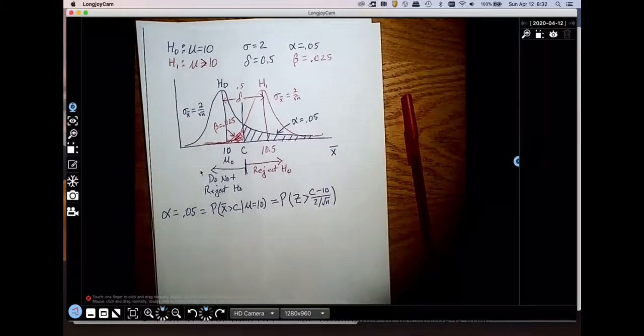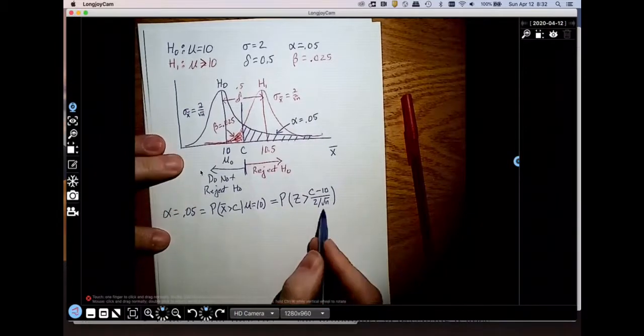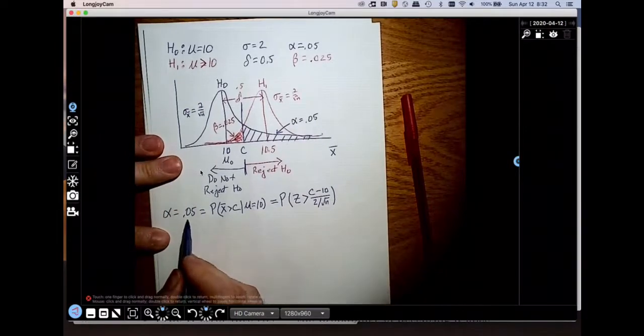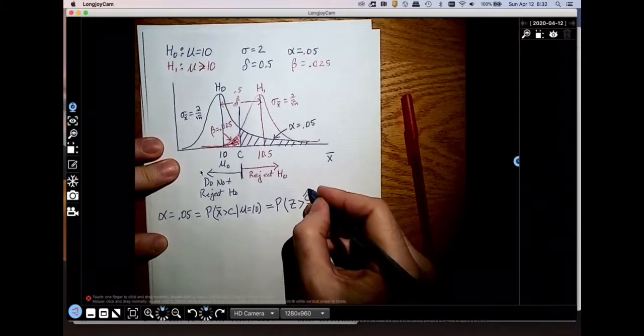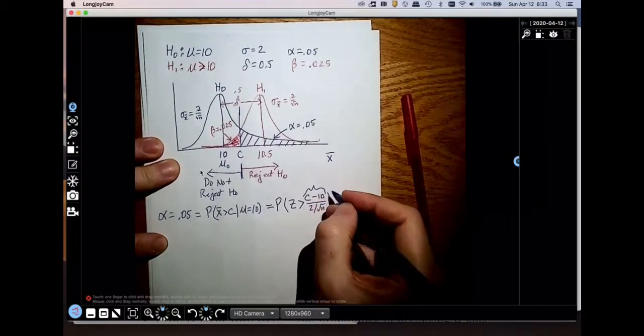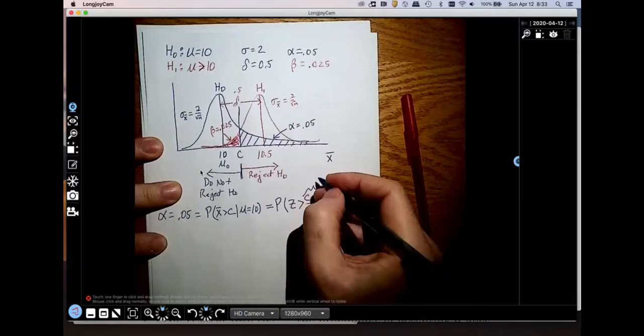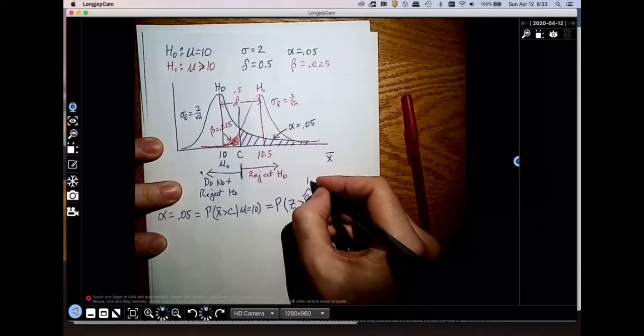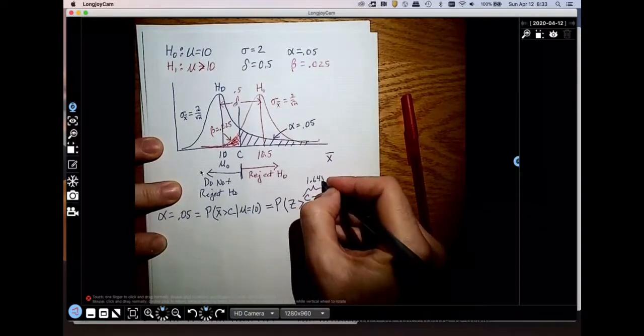Now, what you want to note is that this is true whenever I have 5% in the tail. So what is the 95th percentile of a normal distribution? So this is going to be true when this is equal to the 95th percentile of a normal distribution, which I know off the top of my head, 1.645.